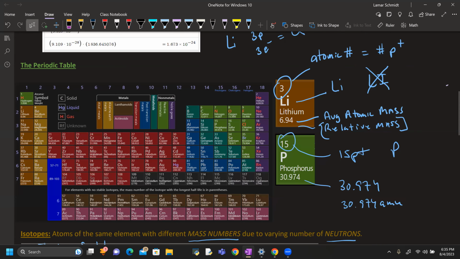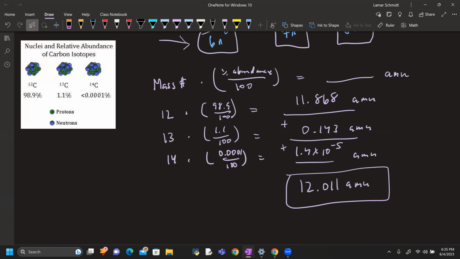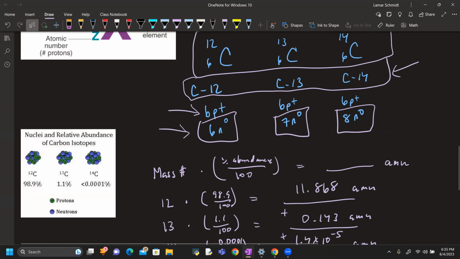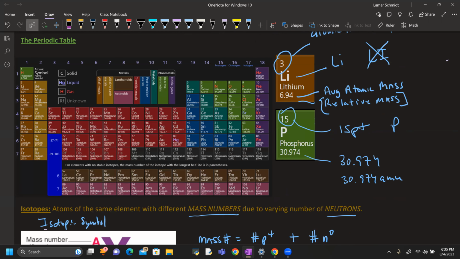I kind of did that already. So remember, the average atomic mass is going to be using the unit atomic mass units. We're using the percent abundance to calculate that. And then the periodic table very technically uses relative mass, because it does not express the unit.